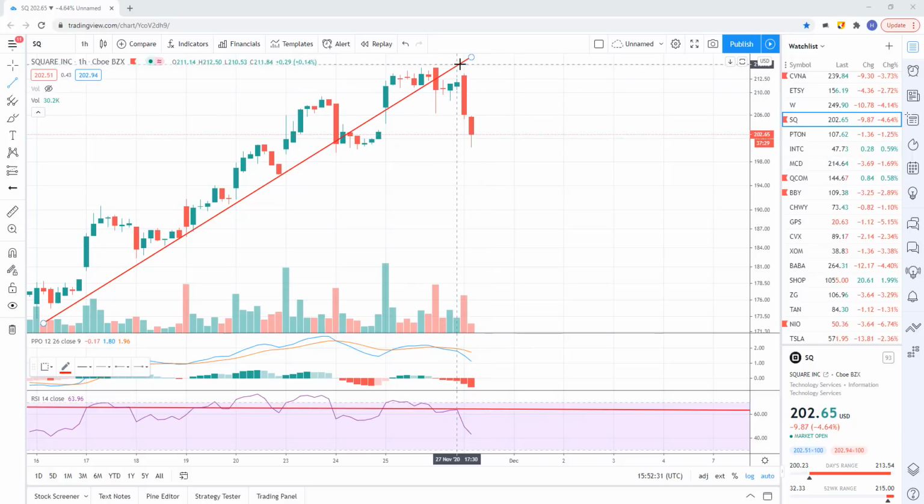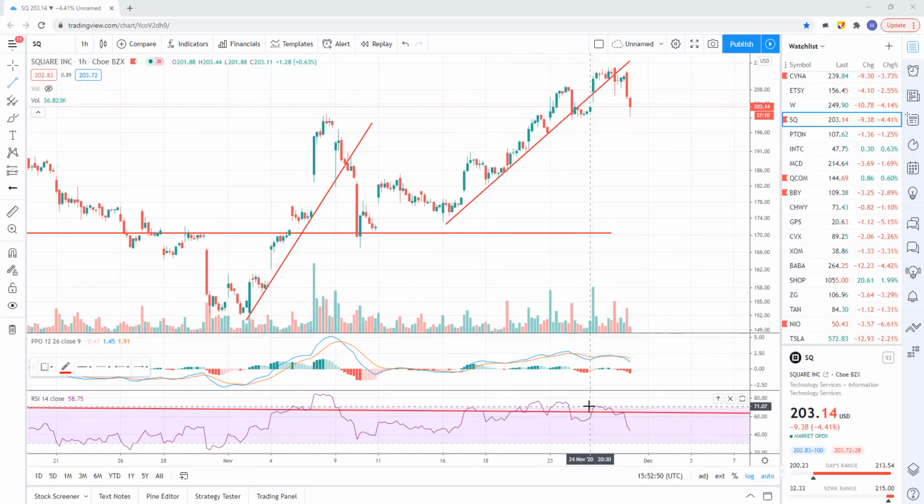But sometimes when you wait for the daily close, you miss the objective entry. So it's kind of a balancing act. Sometimes you have to just take a shot at it on the hourly breakdown and then manage it and watch the behavior throughout the day to ensure you're going to get that daily close you're looking for. But here on SQ, let me just mark it up and I'll show you guys what we got going on.